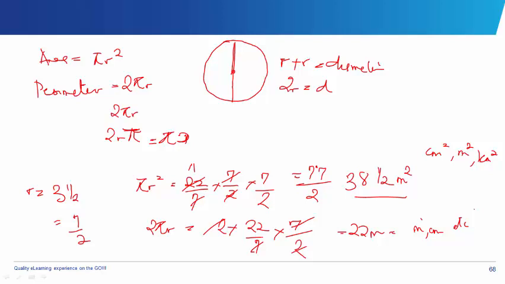Okay, so now let's look at other things we can solve in a circle. We have a circle that looks something like this. Now this is a radius running down like this, and we'll have another one to one side. This equals this.